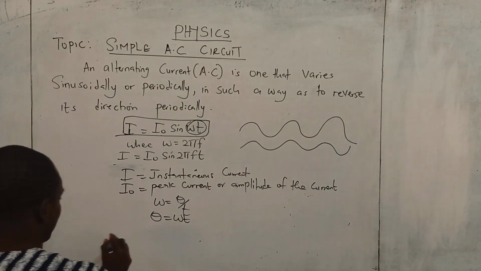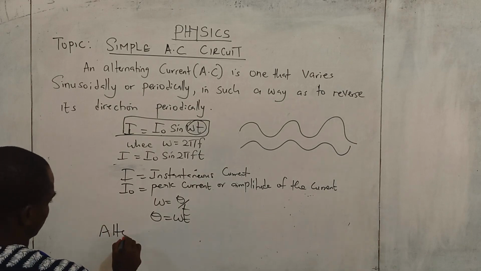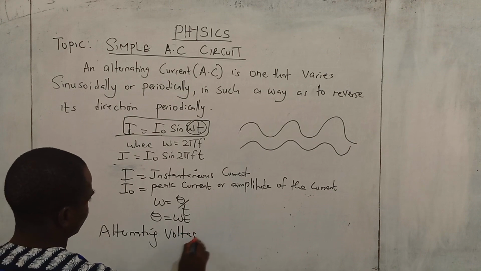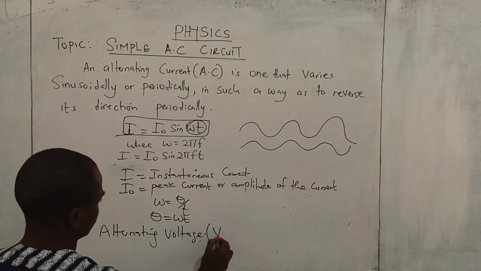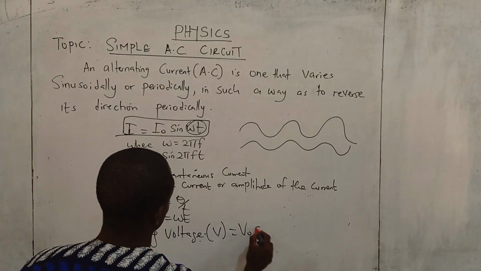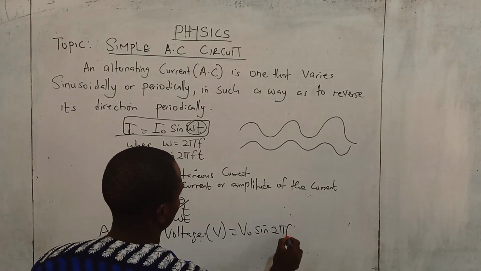And we have alternating voltage, V equals, instead of writing I, V naught sine 2 pi f t.